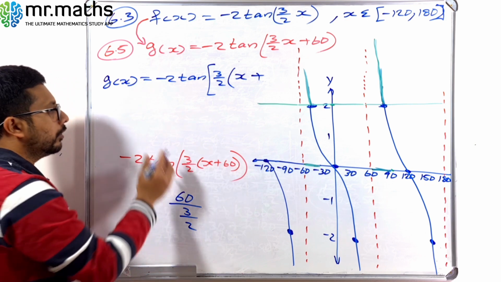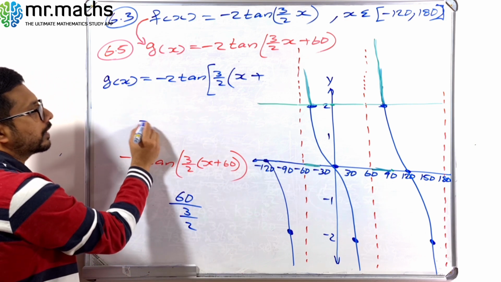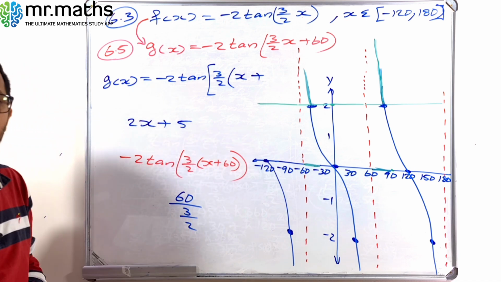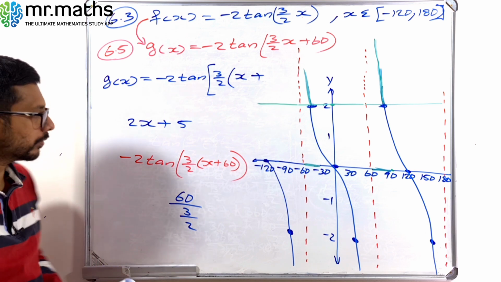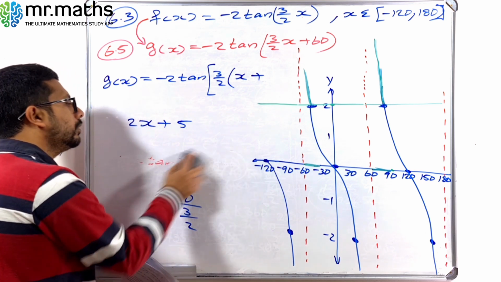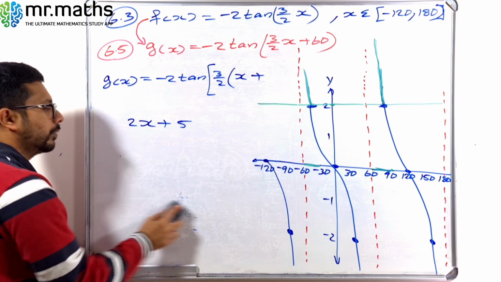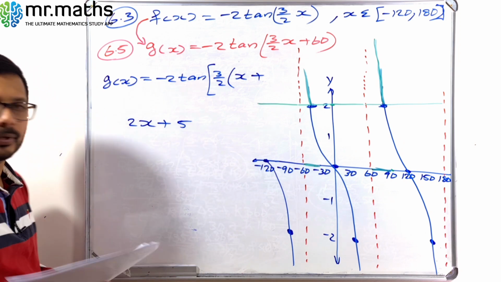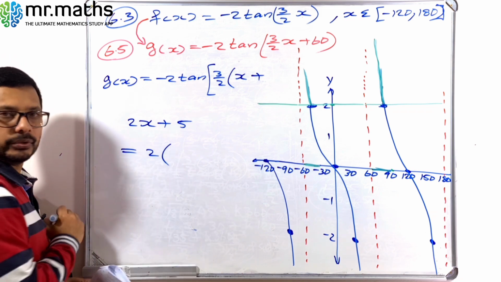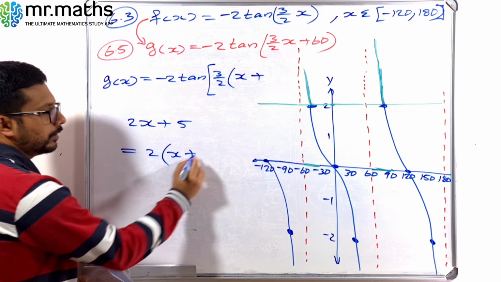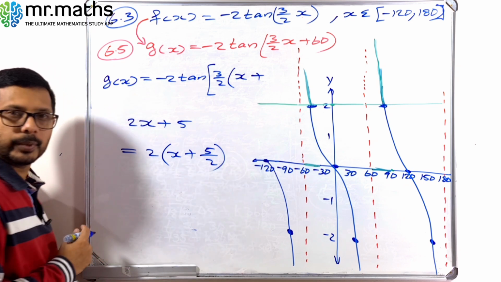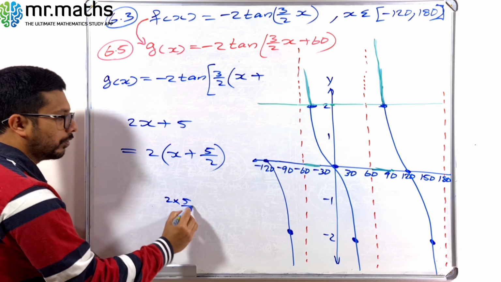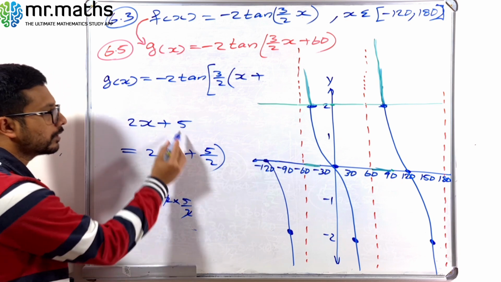Now for example, 2x plus 5. I'm just giving another example for you to understand. If I take a 2 as common factor from the expression 2x plus 5, how can I write it? 2 into x plus 5 over 2, am I right? 2 into x is 2x, and 2 into 5 over 2, the 2s cancel, so it is 5.